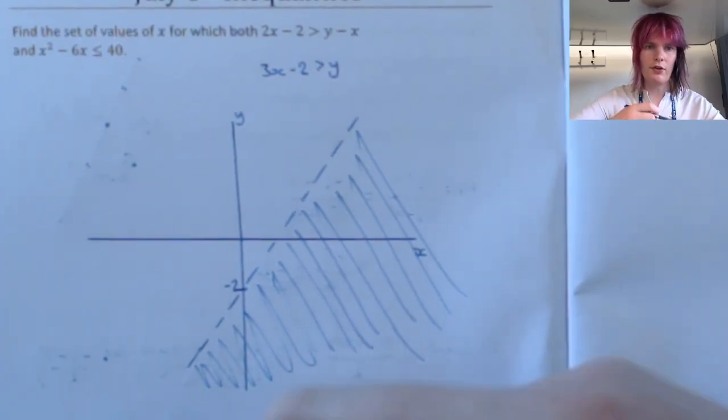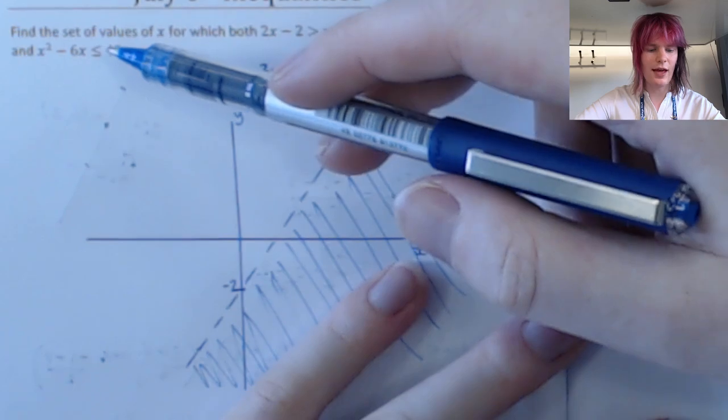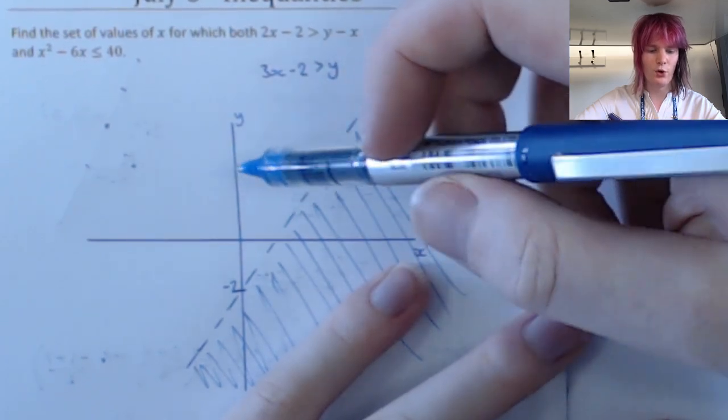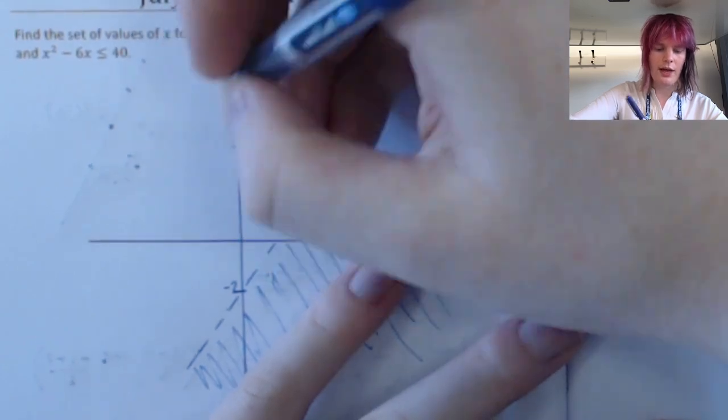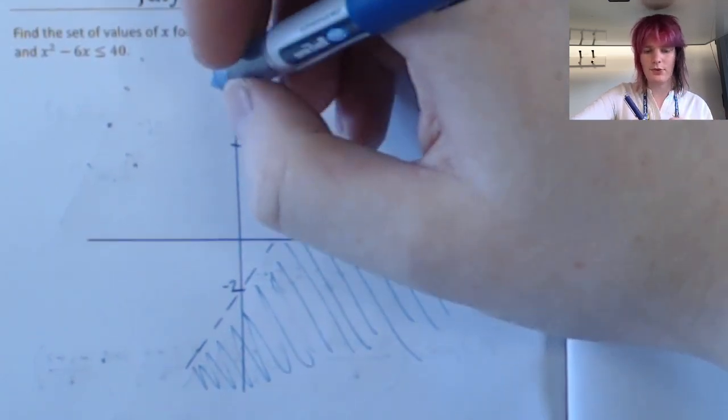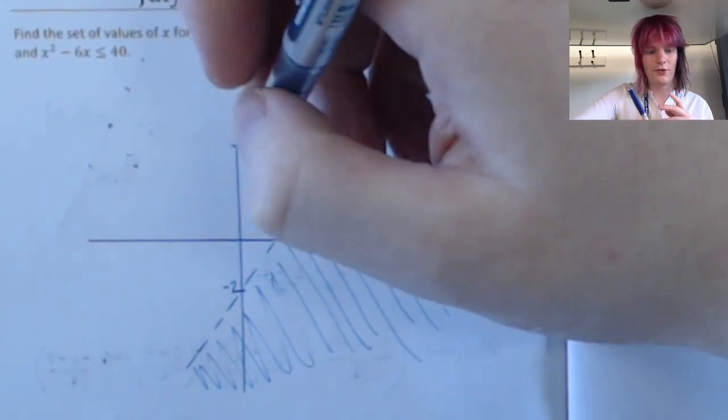Our second curve is x squared minus 6x is less than or equal to 40. So we're going to indicate on here the y-intercept of this. So it shouldn't be up here, actually. I've jumped one step ahead of myself.